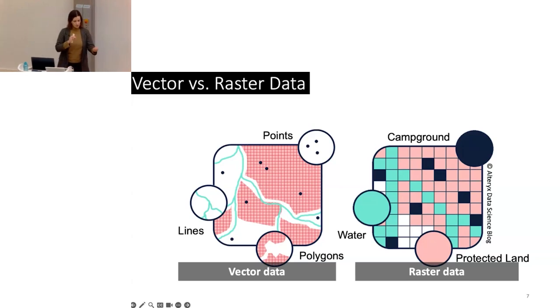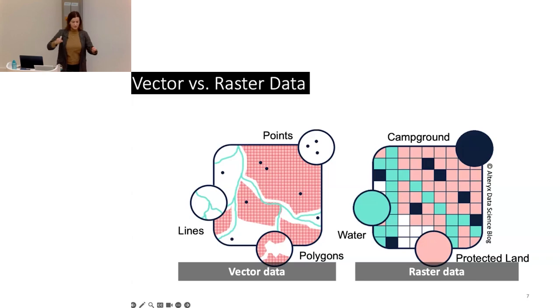As you can see, if you look at this example, there is an equivalence between the two representations. If you look at the lines on your left-hand side, these are rivers that we have as a blue line there. And then if you look at the raster data representation, you see that we have colored with blue the pixels where these rivers pass through.